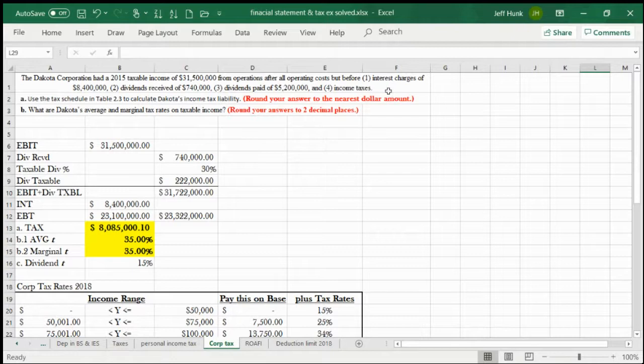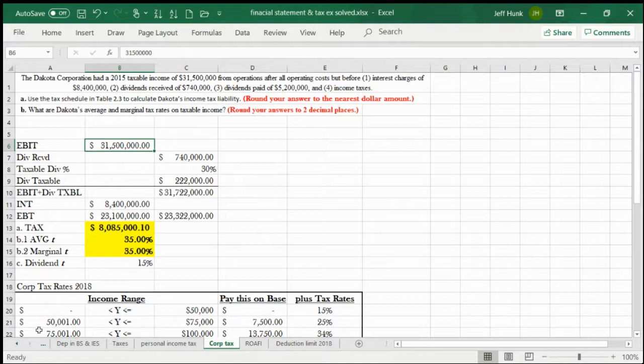million before interest charges. So that means that's EBIT, right? Think about it. Income from operations means you have income minus expenses, which is CGS and operating expenses, after all operating costs.